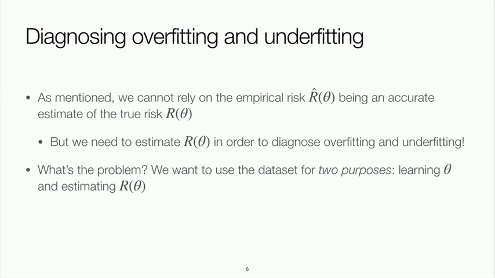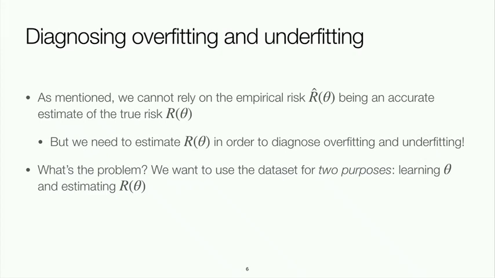We're trying to use one data set for two things, which from a statistical standpoint is totally not okay. So we need to make sure that whatever data we have, we're only using it to do one thing: either learning theta, doing empirical risk minimization, or estimating the true risk, which we need to do if we want to diagnose overfitting in particular.